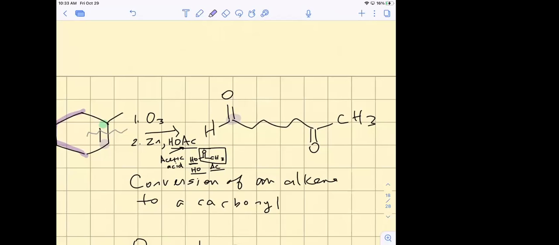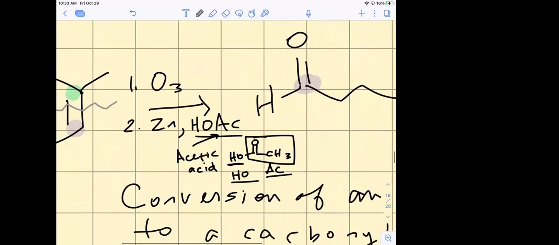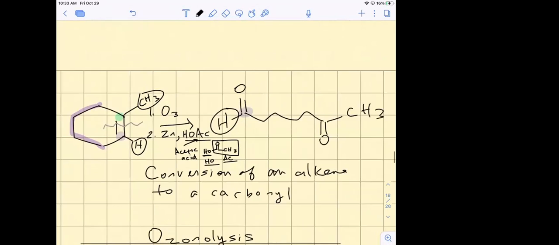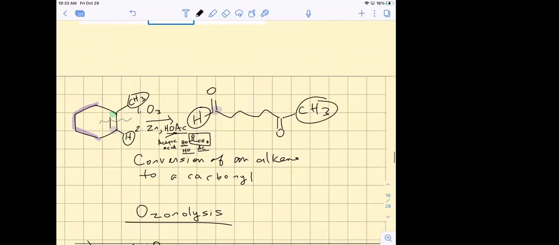That's your aldehyde because this has an H on it. So there's a hydrogen there, same hydrogen right here. And then there's a CH3 group here, and that's the same CH3 here. Right. So those two carbons are the carbons that get converted into carbonyls.